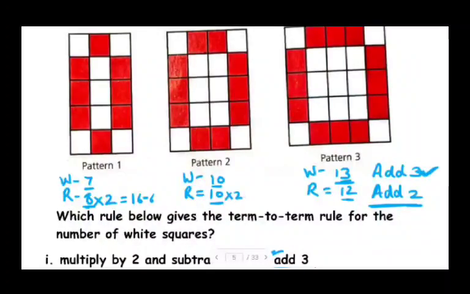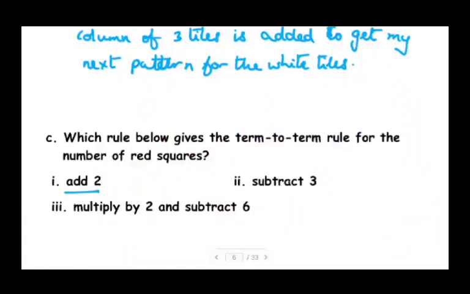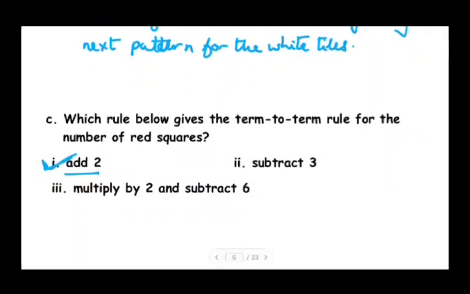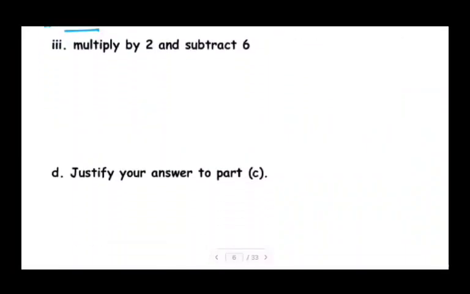Multiply by 2, which is 20, and then subtract 6, which is 14. But no, I get 12. So this one is not the term-to-term rule. So we were correct. We add 2 each time to get my next term or next pattern.